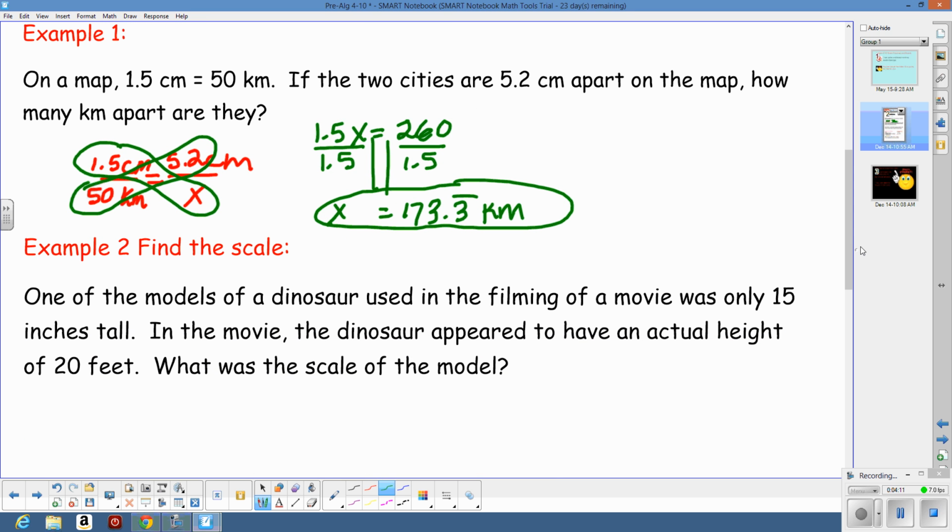In example 2, we're going to try and find the scale. One of the models of a dinosaur used in the filming of the movie was only 15 inches tall. In the movie, the dinosaur appeared to have an actual height of 20 feet. What was the scale of the model? Well, remember, the scale is always the model over the actual.